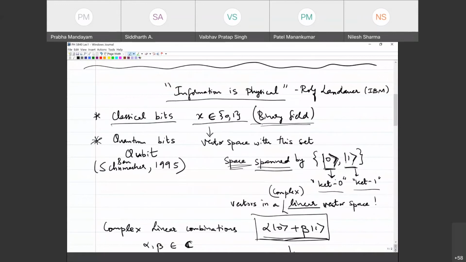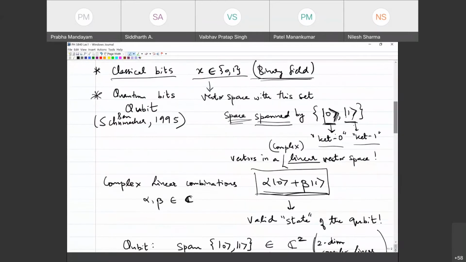It's something that exists in a two-dimensional vector space where you have associated a ket 0 with the classical 0, a ket 1 with the classical 1, and the fact that they belong to a vector space immediately gives us this idea of linear combinations or superpositions. And so I can take arbitrary combinations of 0 and 1, and this is a valid state for the quantum bit to exist in. And we've seen two ways of visualizing this.